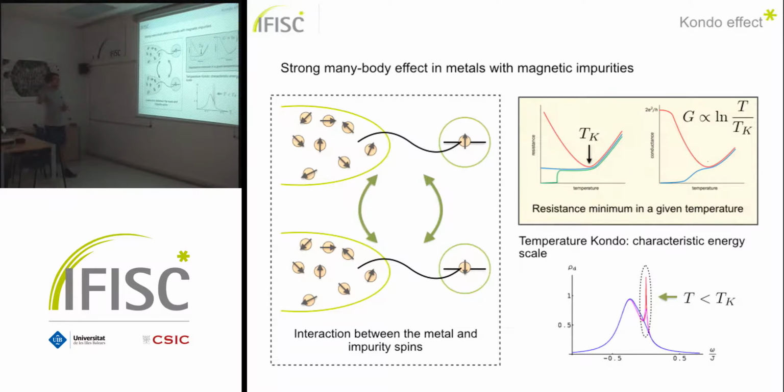In the resistance, we know that as we are lowering the temperature, the resistance decreases. But what the Kondo effect does is that at a characteristic temperature, the Kondo temperature, the resistance reaches a minimum and then increases again, which is not common in normal metals.